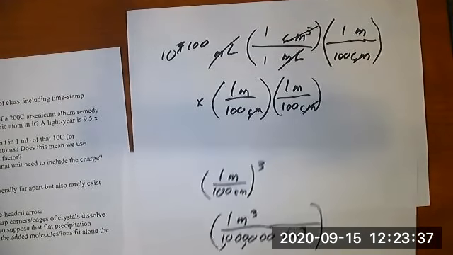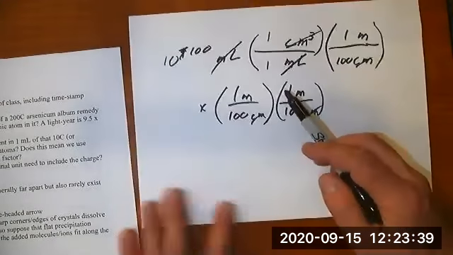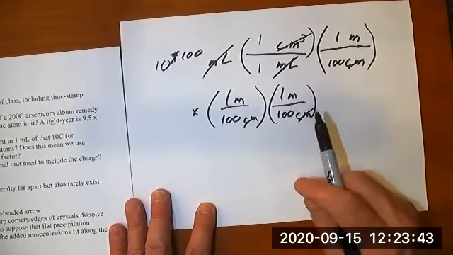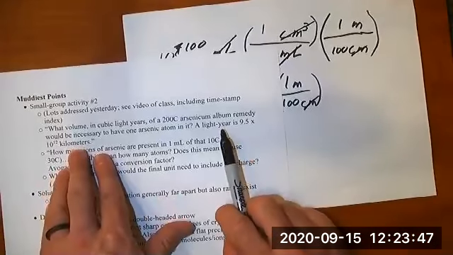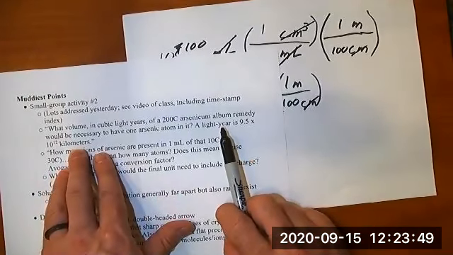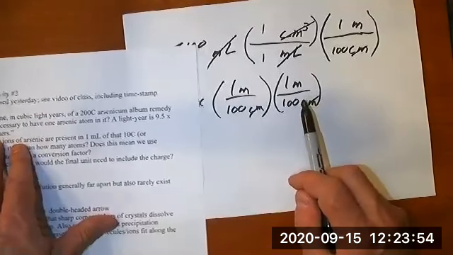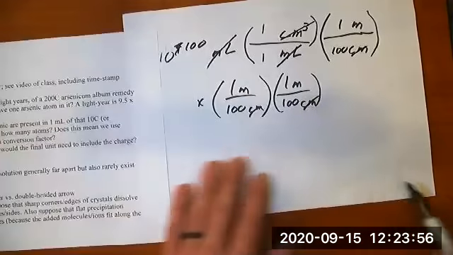Okay. All right. So we now have this in cubic meters. Next, we know from here that we have some relationship between light years and kilometers. So we need to get this into kilometers before we can get it into light years.